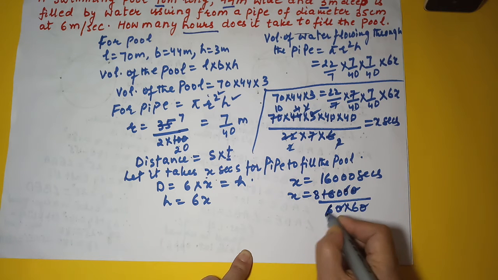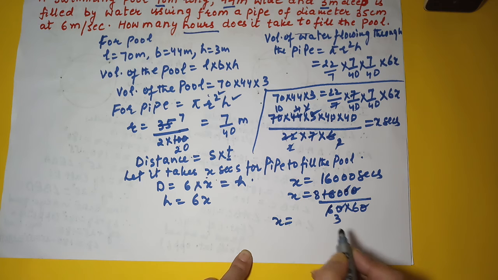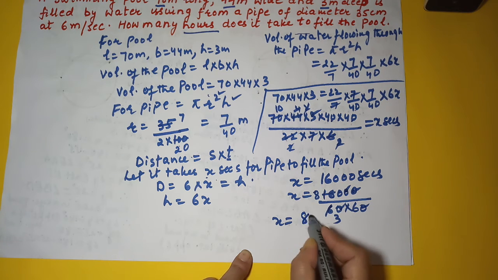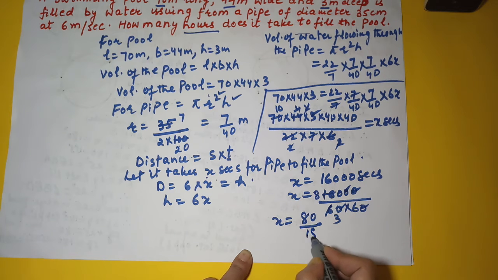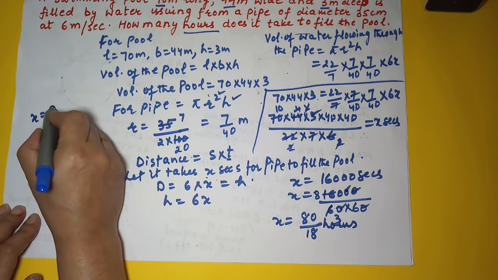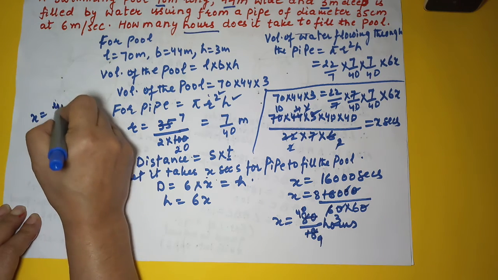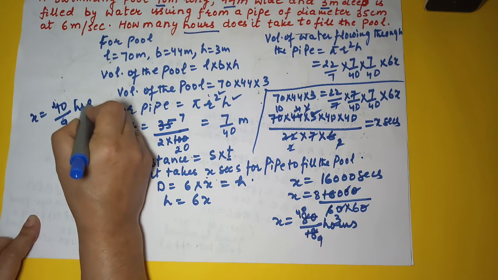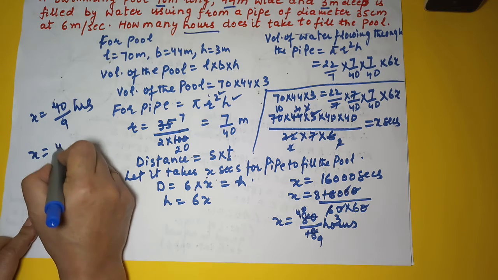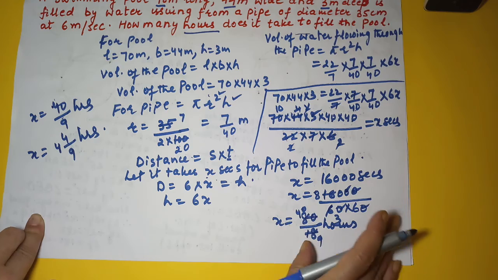So finally I got x as 40 upon 9 hours, which I can write as 4 by 9 hours, right?